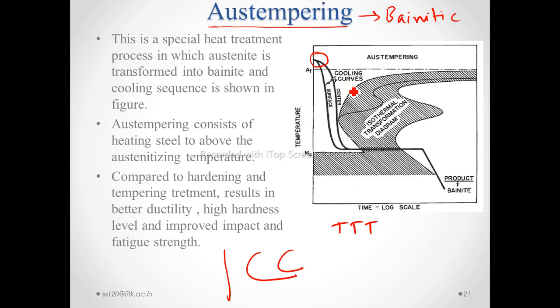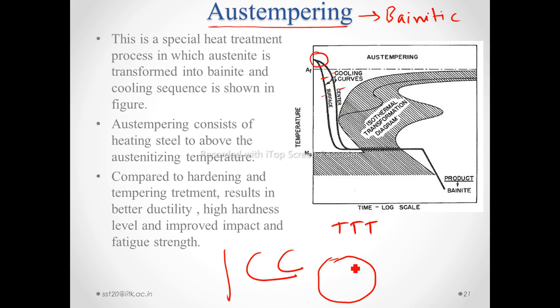There are two cooling curves. The cooling process is very important. We are heating the sample in the austenitic region, right? After that, the cooling process plays an important role to get the bainitic structure. First of all, there are two curves here. This is for the center and this is for the surface of the sample.